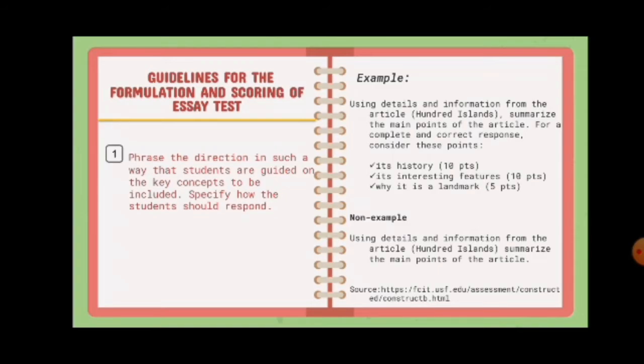For a complete response: its history, 10 points; its interesting features, 10 points; why it's a landmark, 5 points. Non-example of this: using the details and information from the article, 100 Islands, summarize the main points of the article.